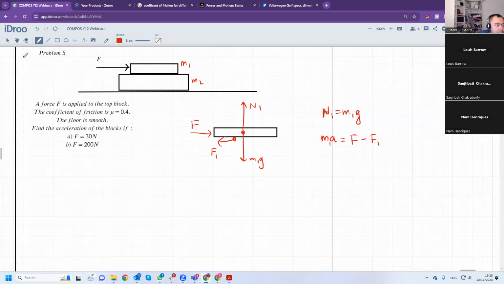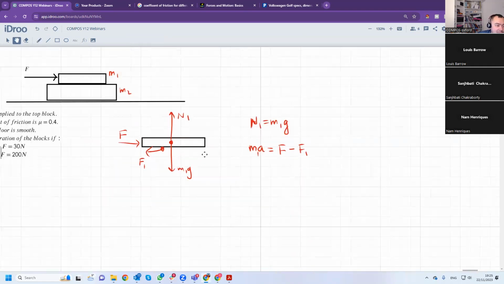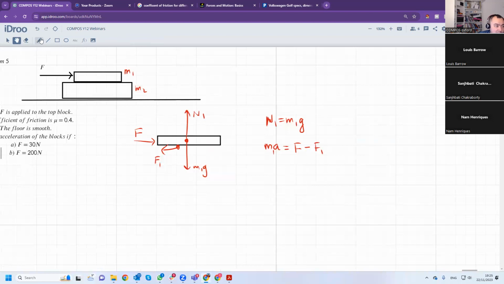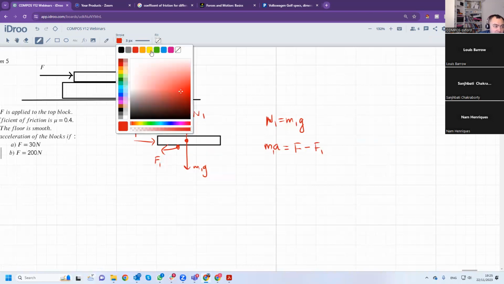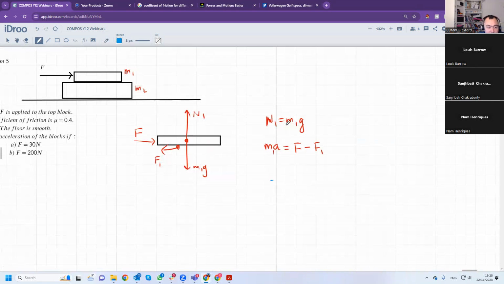Okay, so when we write this, you analyze what are the things that we know and what are the things that we do not know. I'm going to circle the things that are unknown. N1 is unknown, and here F1 is unknown and A is unknown.